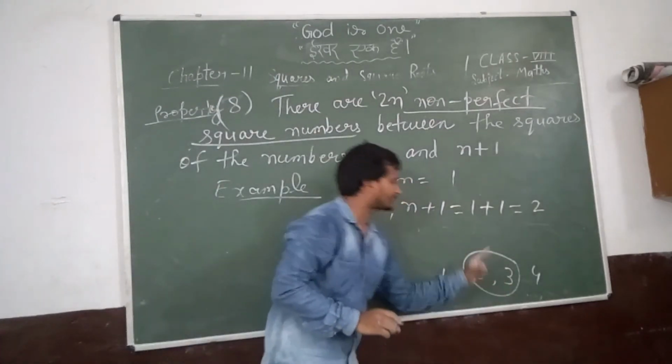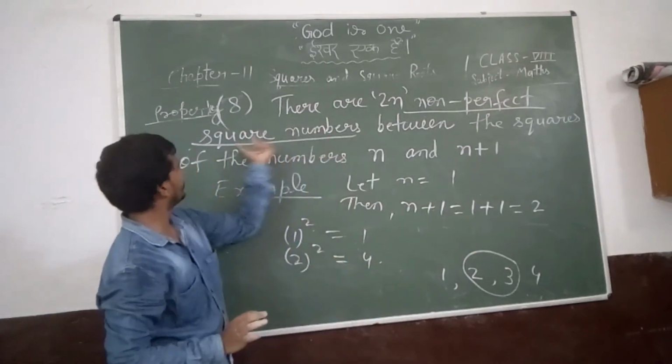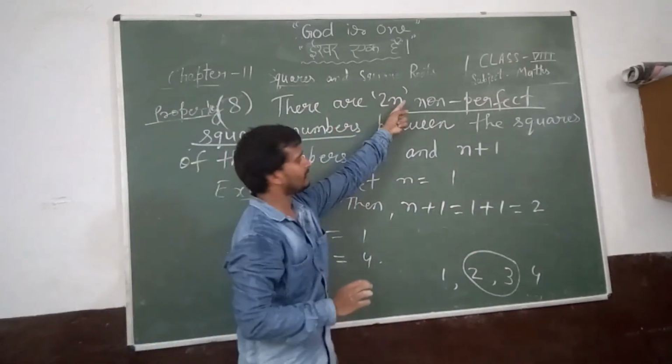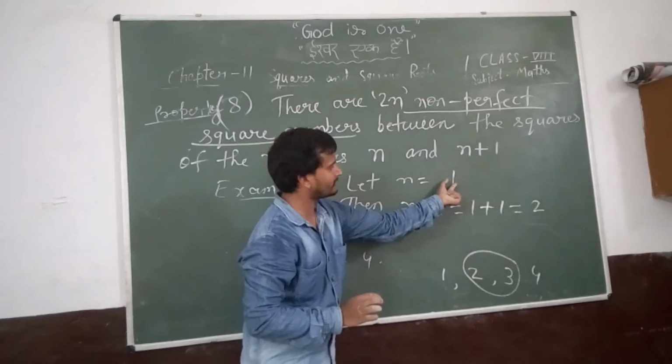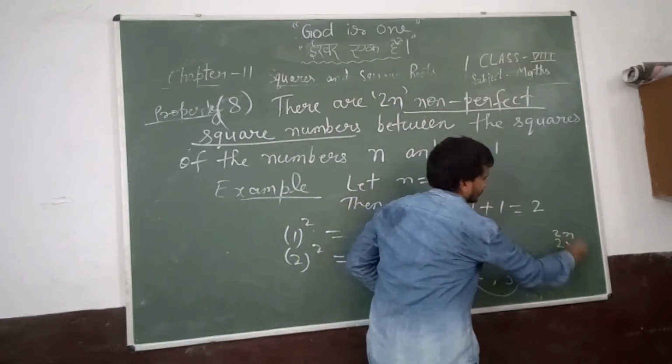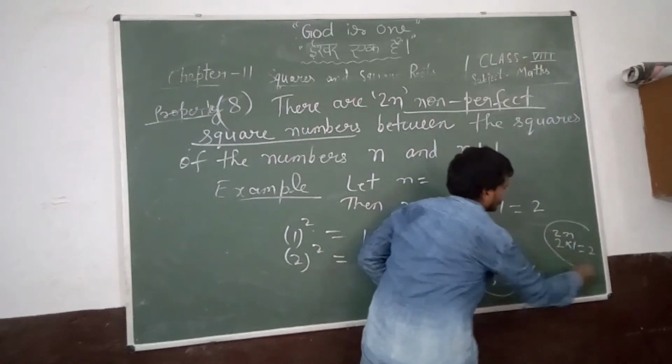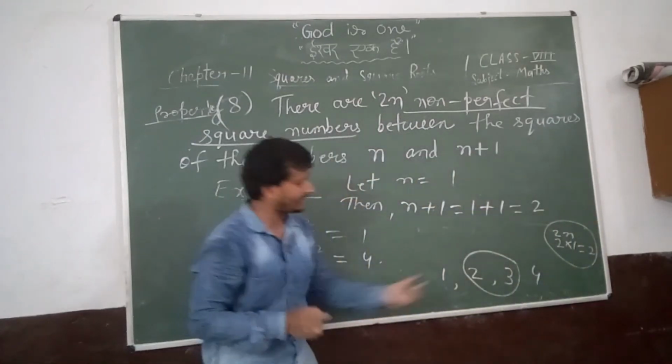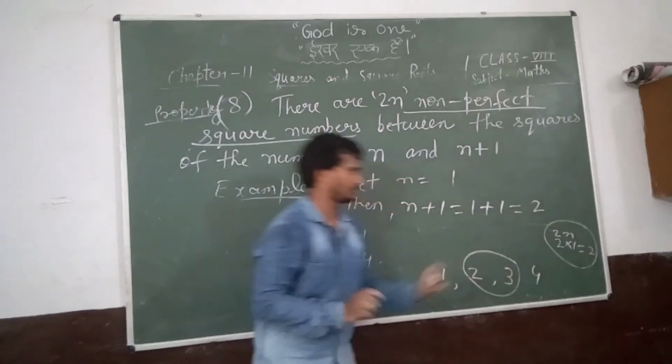And 2n, where n was 1, gives 2, so we obtain two numbers.